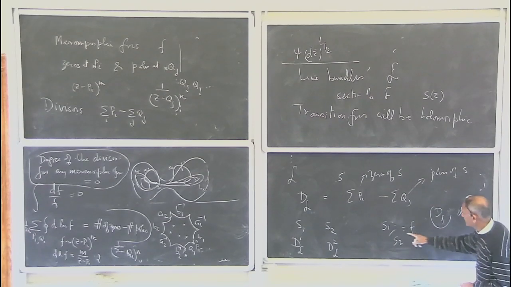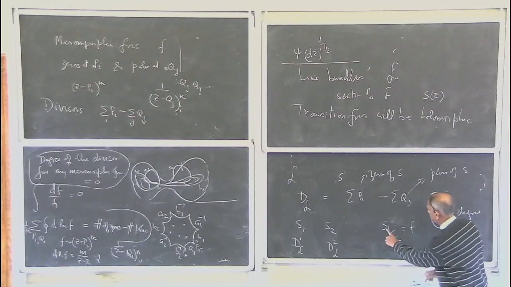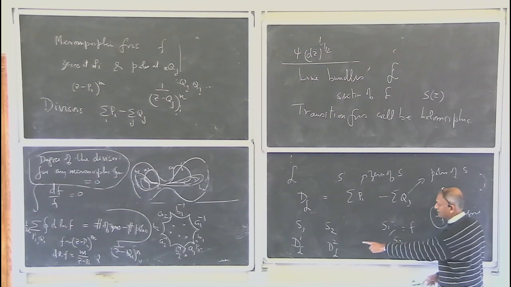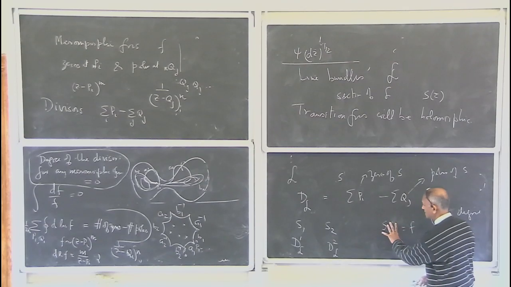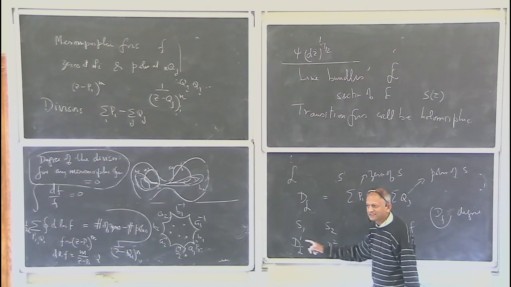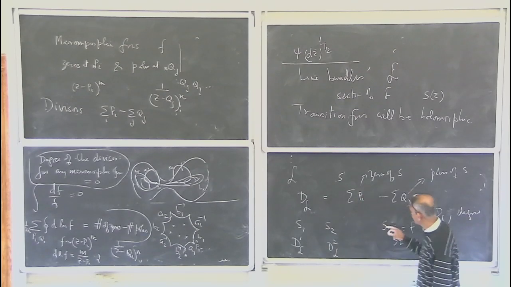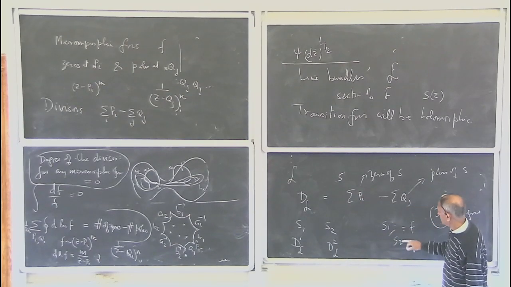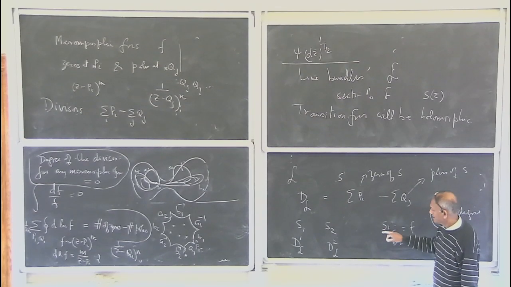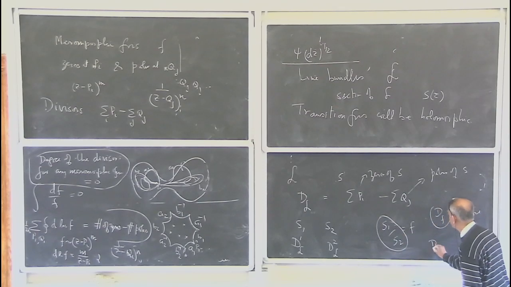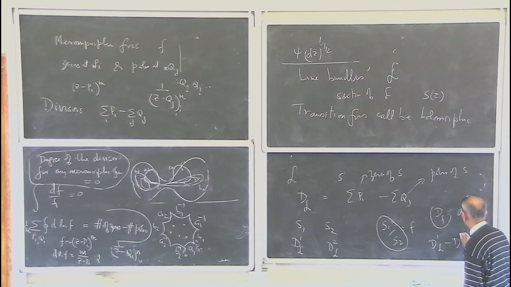So one thing we immediately see: look at this S1 over S2. Where are the poles and the zeros? Look at the divisor of this. It will be the difference of these two divisors, right? Because the zero of this will be a zero, but the zero of this guy will become a pole. So the divisor of that is simply D1L minus D2L.